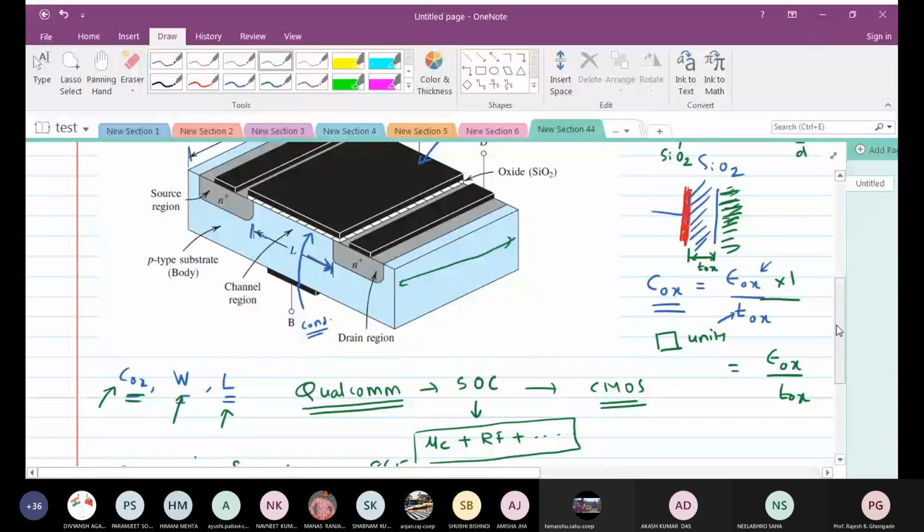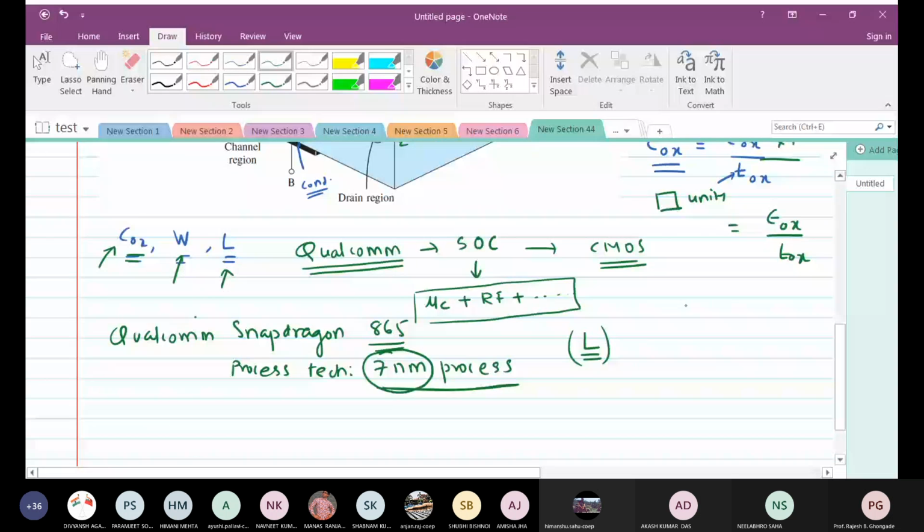You are electronics and telecommunication students, and if somebody asks you, this is Qualcomm Snapdragon 865, which is manufactured with 7 nanometer process, what is this process? You should be in a position to tell that this 7 nanometer stands for the length between the source and the drain.